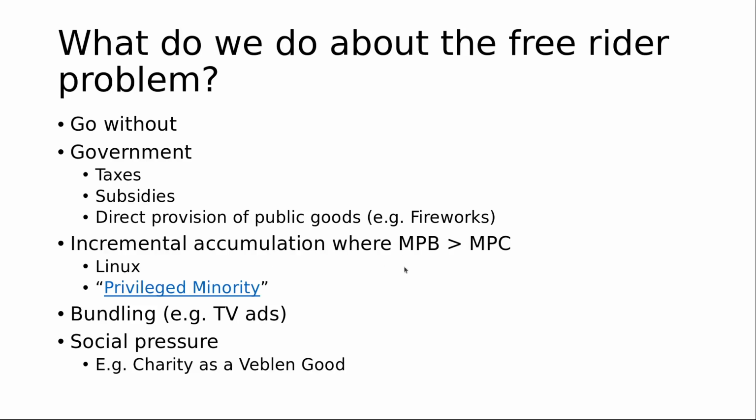In some cases, we get lucky and we have a situation where there are private benefits that give people an incentive to produce this stuff. Sometimes we can throw in TV ads or something similar so that it is worth it for someone to finance these public goods for the rest of us. And sometimes we can get somewhere with some social pressure, right? At least on the margin.